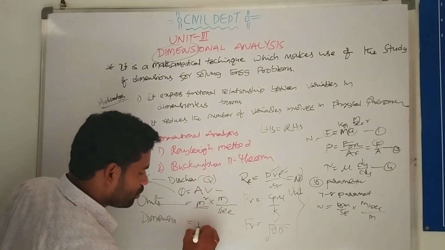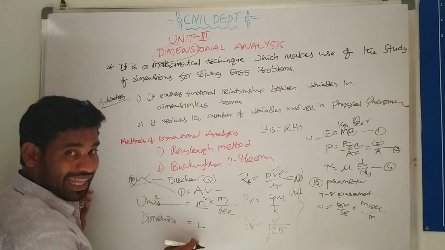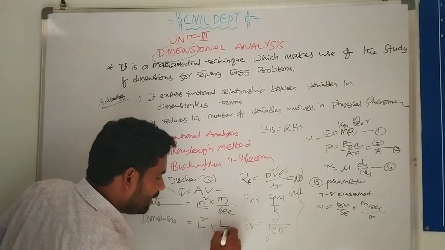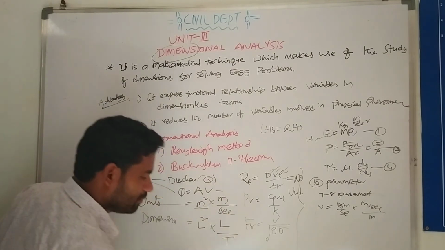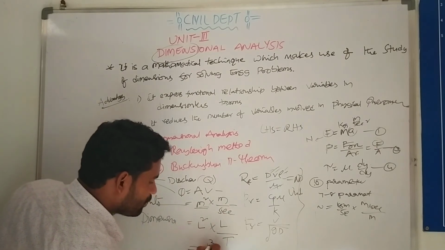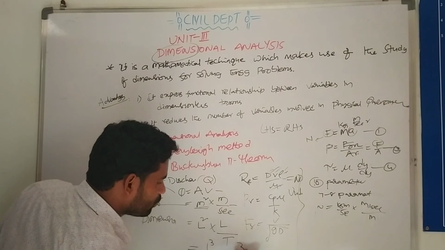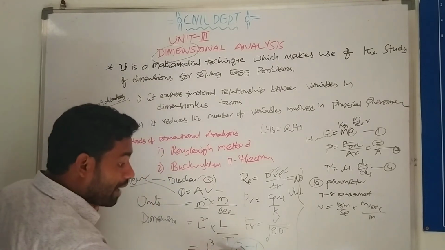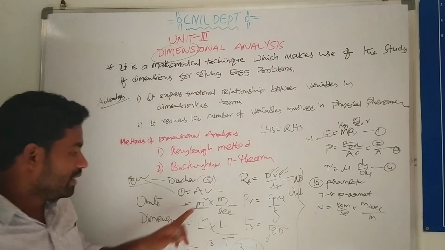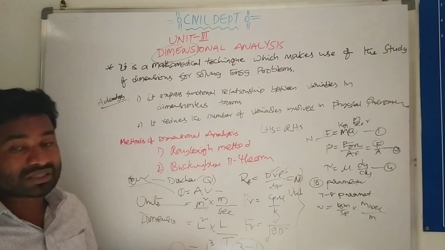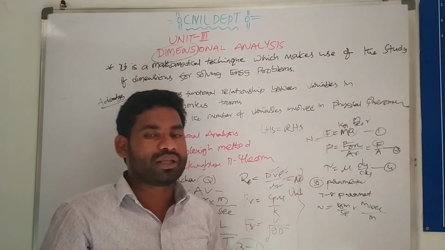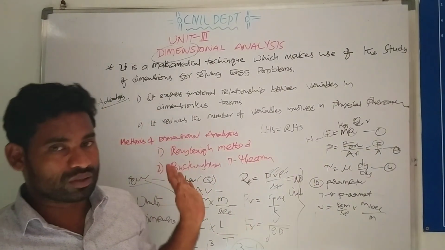Meter square can be defined in terms of length L, so length square, and velocity is length L over time T. So L into L square by T gives L cube by T, which we can write as L cube T to the power minus 1. This is the dimension for the discharge. See here: discharge equation, discharge units, discharge dimensions. Whatever equations there are, you can do the dimensional analysis.